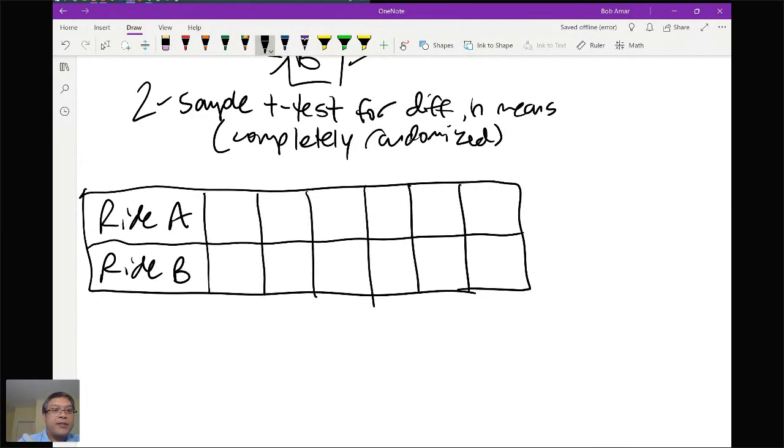This is a very small sample, but let's say that at the first random time that you all decide to do this, like 10, 11 a.m., you're going to have one person in your pair enter ride A, and another person enter ride B. Let's say there's a 10-minute wait time at ride A and an 8-minute wait time at ride B. And that is what happens at the same time.